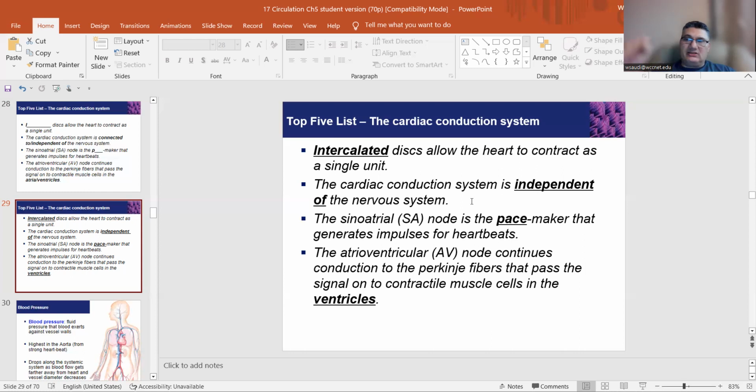Proving what? Proving the heart is working independently. It's working anyway. Just leave it alone. But can we speed it up if we're exercising or something? Yes. You're just changing the pace, not making it make the pace.